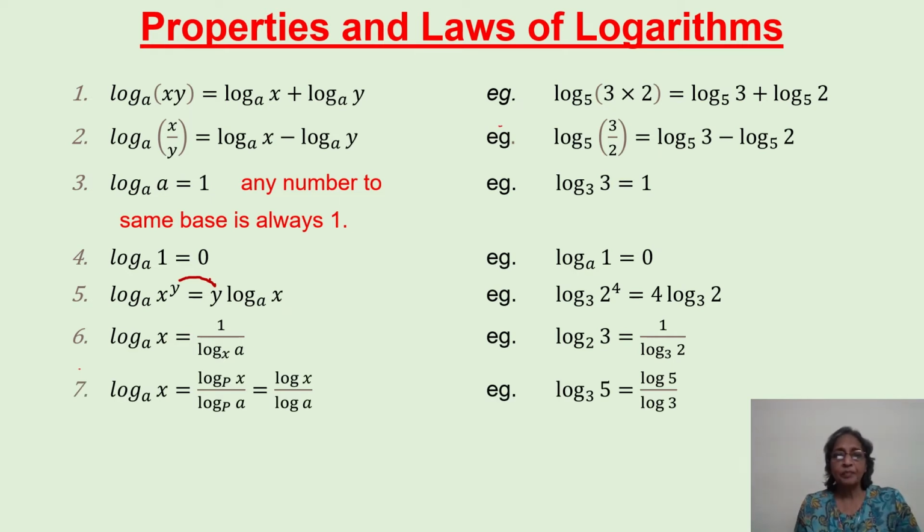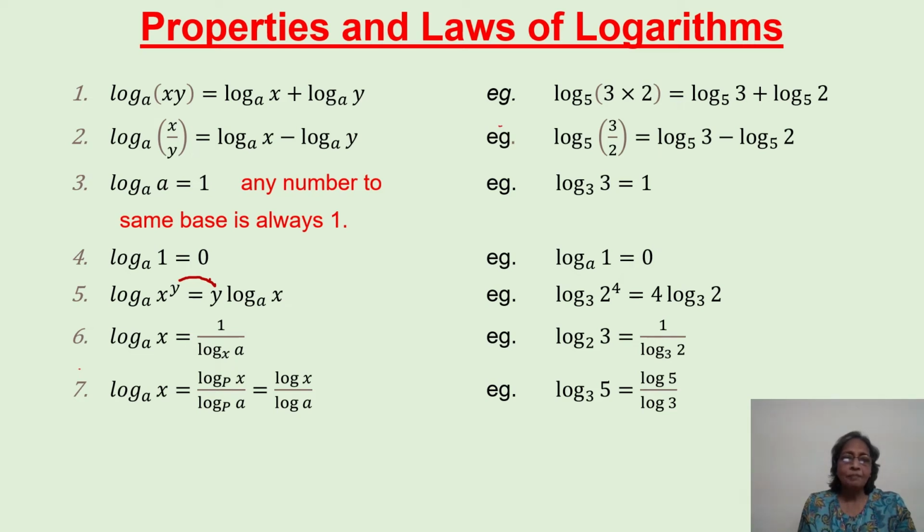The next property, log of x to the base a. Now if you look at this, there is something which I have done here. I have made both to the same base: log of x to the base p upon log of a to the base p.